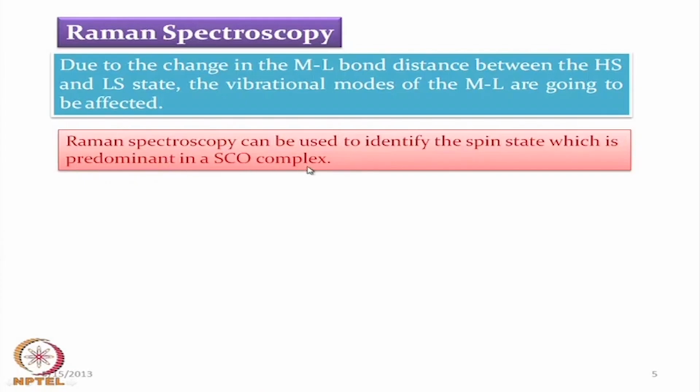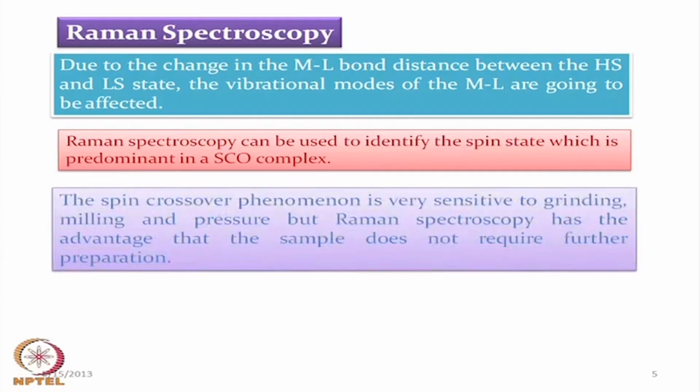So, whether at a particular temperature it is the low spin complex which is exclusively present in absence of any high spin species, or as we increase the temperature the situation is changing, more and more low spin complexes are changing to the high spin one, and we end up close to room temperature with all the molecules transformed from the low spin form to the high spin form.